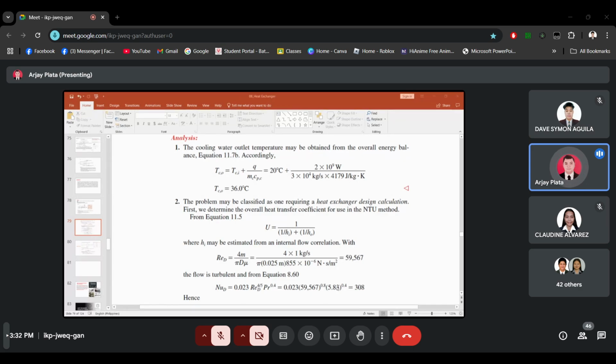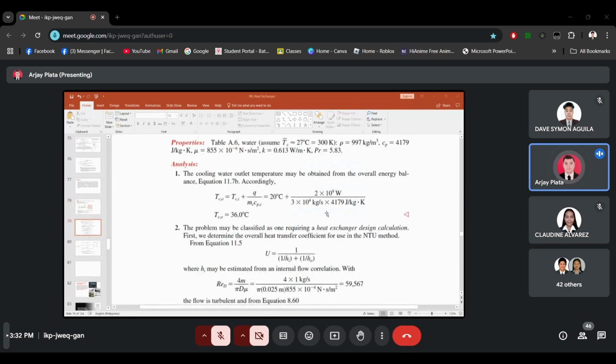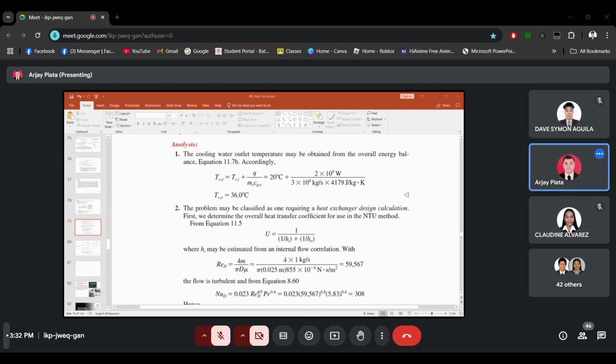This Prandtl number is also from table 8.6. So we have 308 as the Nusselt number.